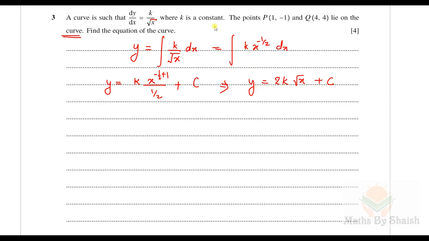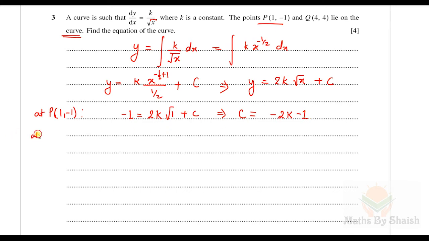This is the equation of curve, but there are two constants, two unknowns, k and c. So we'll find them with the help of the points. Since p and q lie on the curve, these points will satisfy the equation of curve. So at p, that is 1 comma minus 1, minus 1 is equal to 2k root 1 plus c, and this means c is equal to minus 2k minus 1.